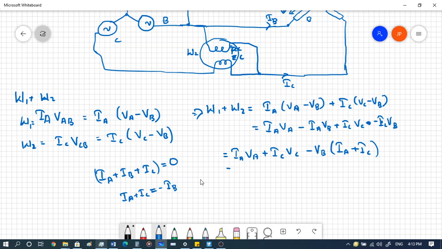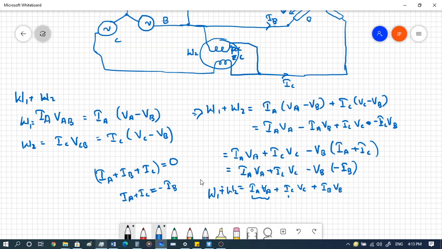So mathematically, IA into VA plus IC into VC minus VB into (minus IB) is equal to IA into VA plus IC into VC plus IB into VB, which will be the power that we get from W1 plus W2. Now here, this is the phase A power, this is the phase C power, this is the phase B power, which is basically the total power, right?